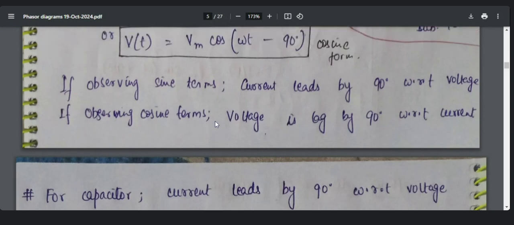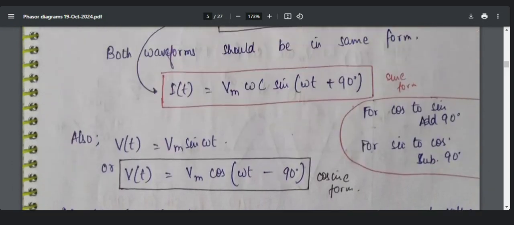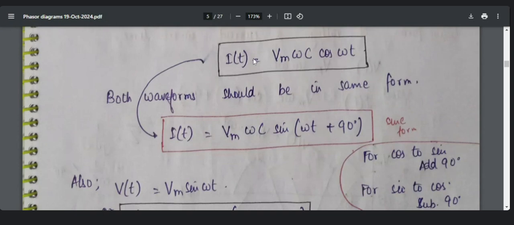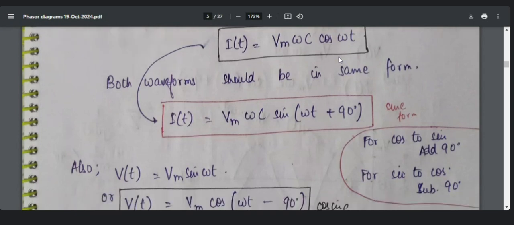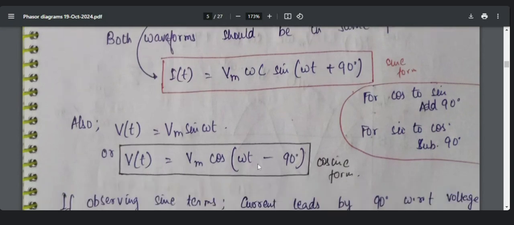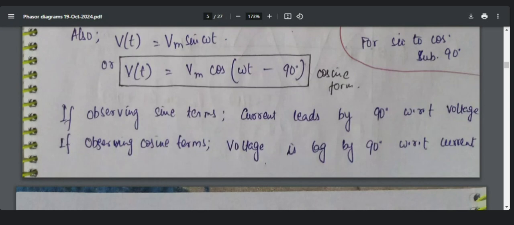So if we are observing cosine terms, here it is Vm omega C cos omega t, and v(t) is Vm cos of omega t minus 90 degree. That means if we are considering cosine terms, we could clearly say that voltage is lagging by 90 degree with respect to current. In the same way, whether you say current leads voltage by 90 degree, or voltage lags current by 90 degree, it totally depends on you.